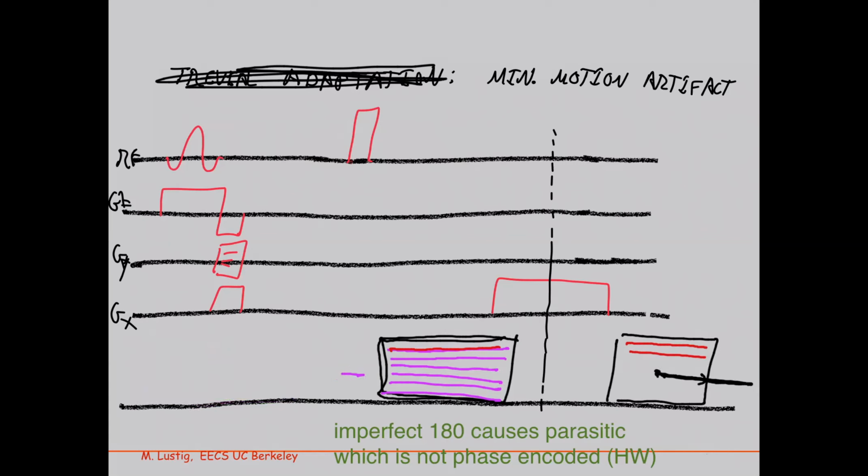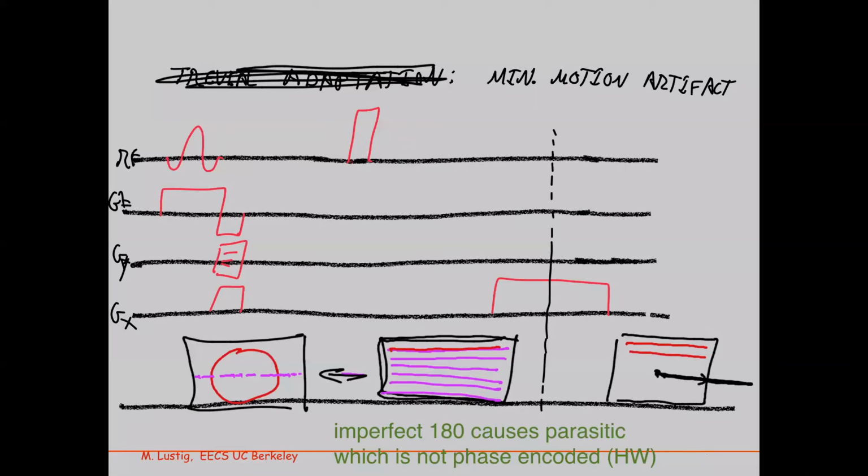Hold on, let me actually use color. When you reconstruct this, the brain will reconstruct great, but this parasitic signal is just going to be a stripe in the middle of your head, or in the middle of the image. So that can be distracting, and people don't like that.